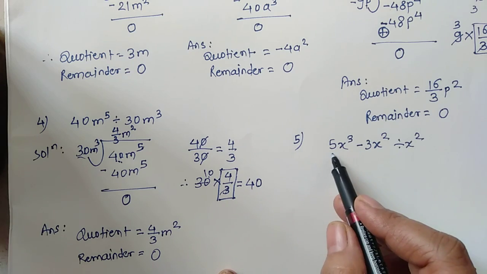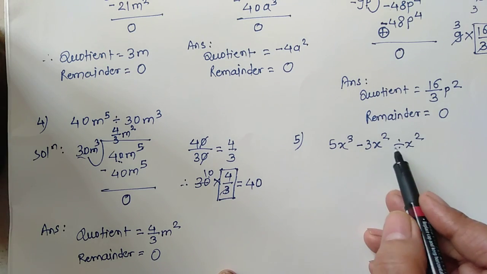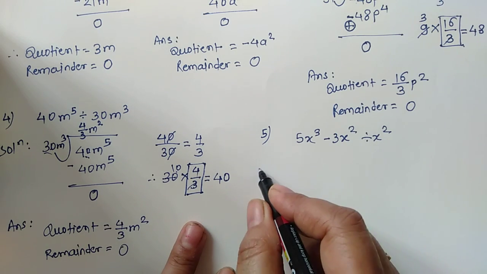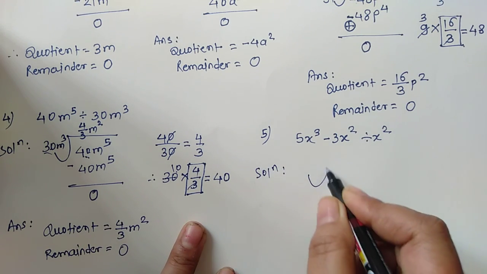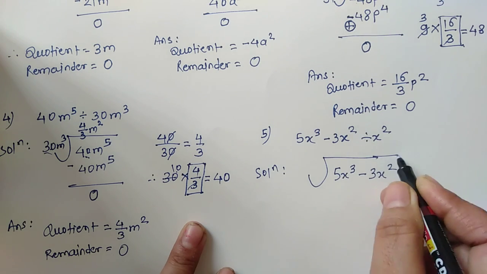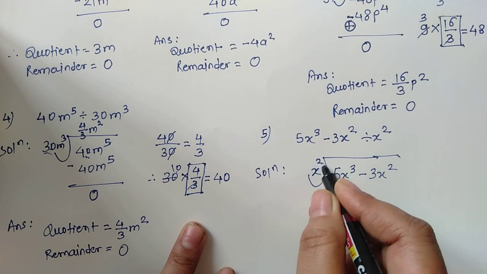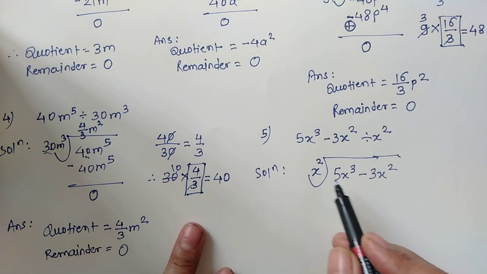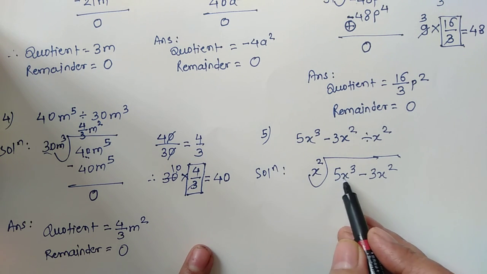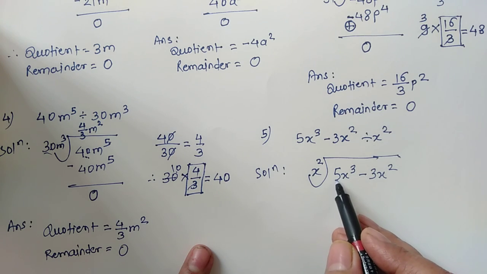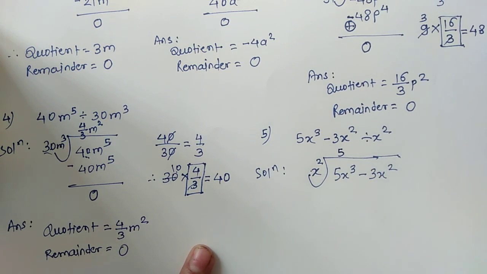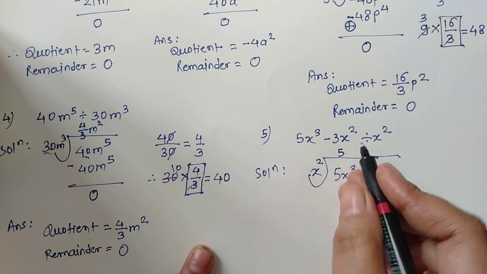Now see the fifth question. 5x cube minus thrice x square divided by x square. So firstly rewrite it into proper form. Solution: 5x cube minus thrice x square and divisor is x square. So see here, the coefficient of divisor is 1 and coefficient of dividend is 5. So 5 ones are 5 and x square into x is x cube.